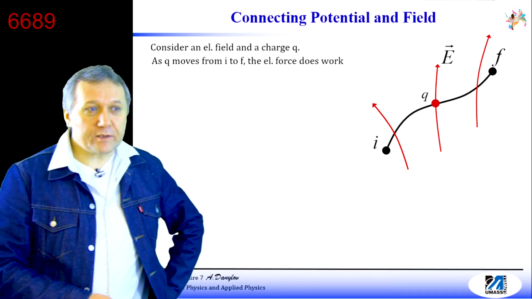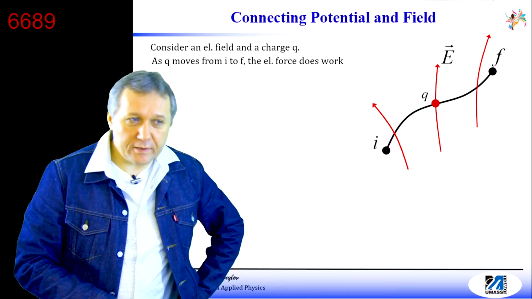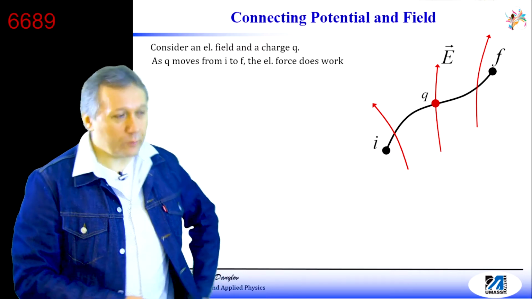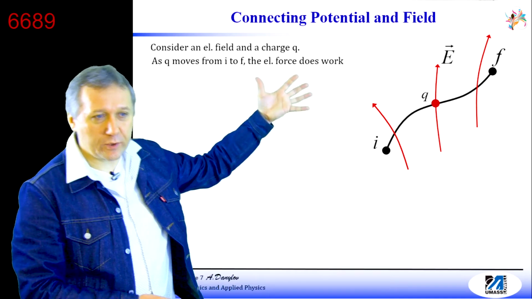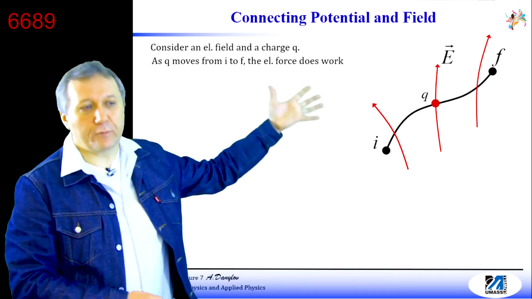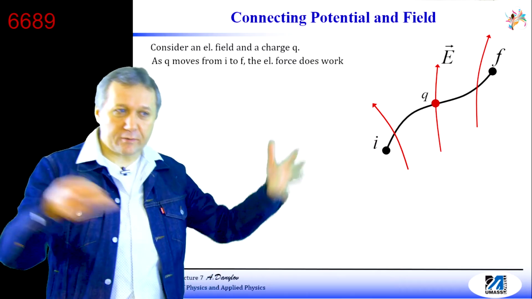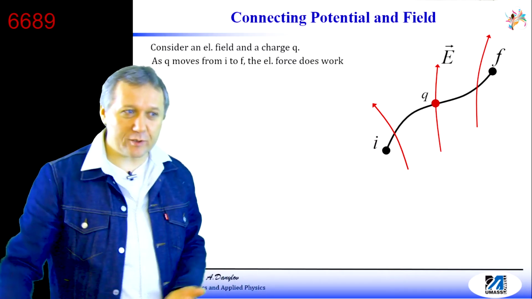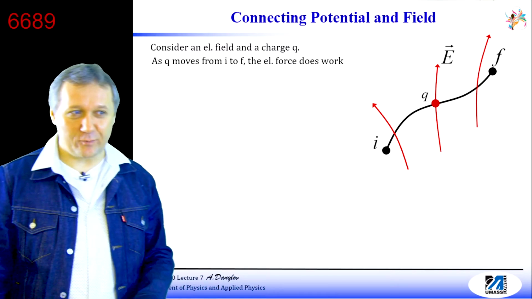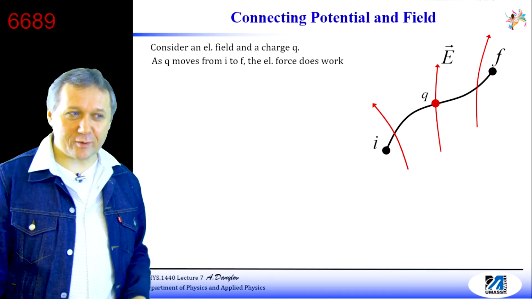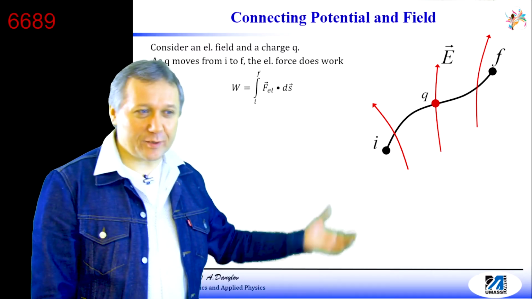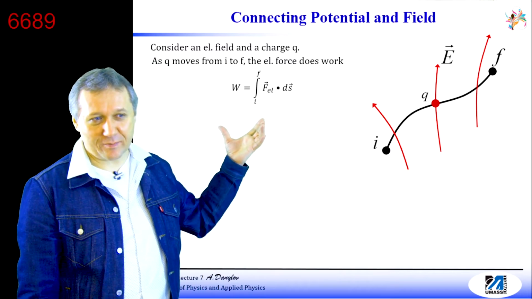And now for fun, let's calculate the work done by the electric force. So we have the charge, of course it is going to interact with the electric field. Of course we can introduce the electric force. Since there is a force, there is a displacement, so let's calculate the work done by the electric force. Let's start recalling physics 1. We already used this expression a couple of times this semester.